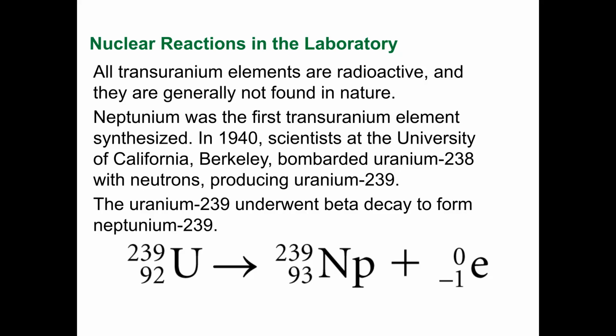Neptunium is or was the first transuranium element synthesized. In 1940, scientists at the University of California, Berkeley, bombarded uranium-238 with neutrons, producing uranium-239. The uranium-239 underwent beta decay to form neptunium.